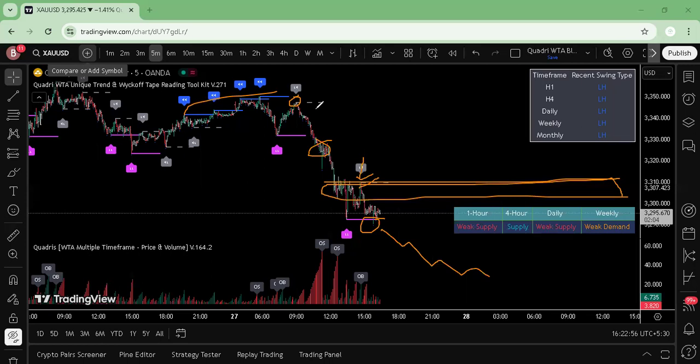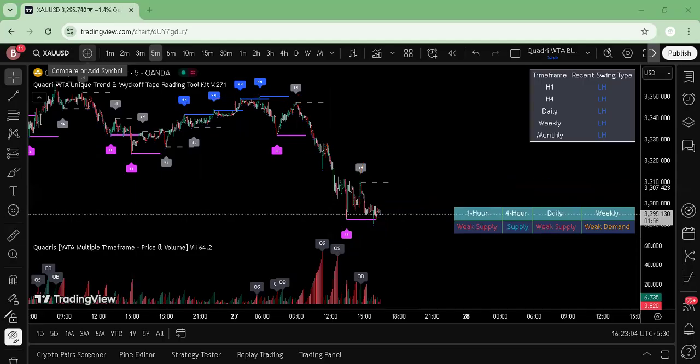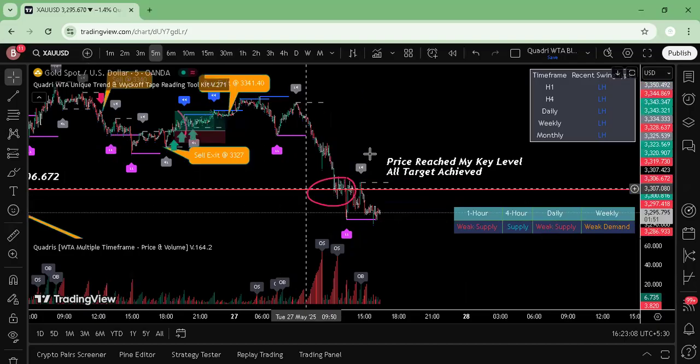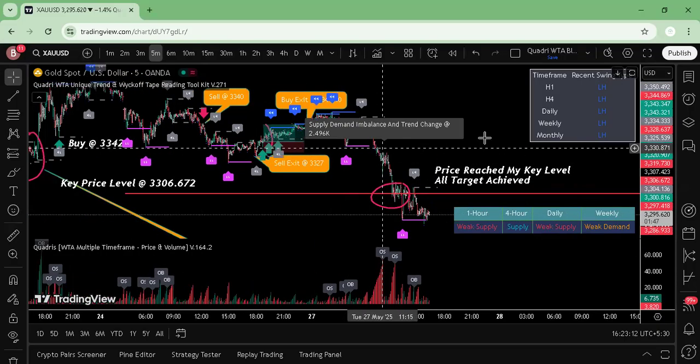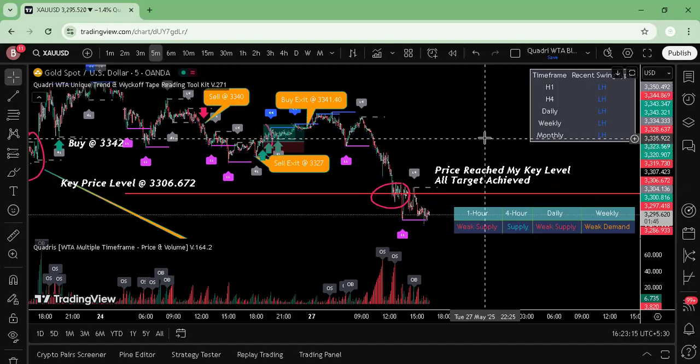Since the beginning of May, the market has respected our levels. Previously I used to give analysis of various markets, but I stopped it in between because I want people to be competent enough to do the trading on their own.